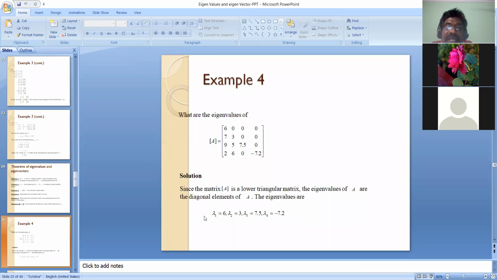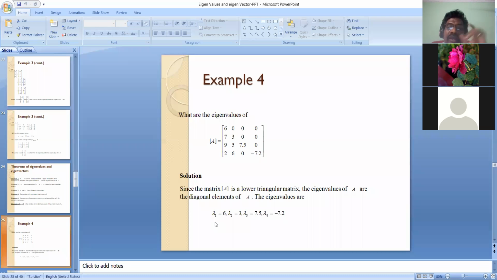the principal diagonal elements. In the same way, if this is an upper triangular matrix, that is, if the non-zero entries below the principal diagonal are transposed to the upper side, we get an upper triangular matrix. There also we expand using the first column and get the same values.